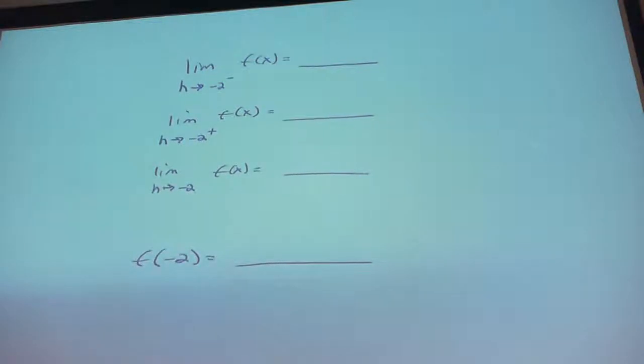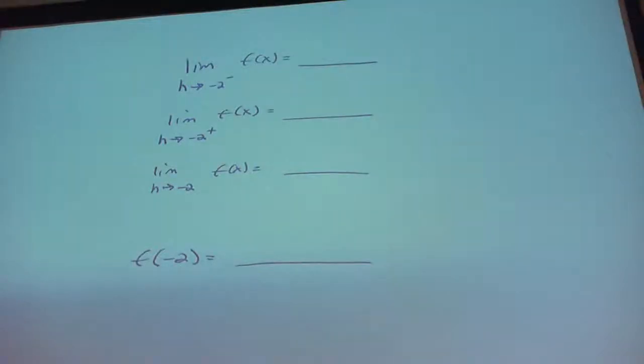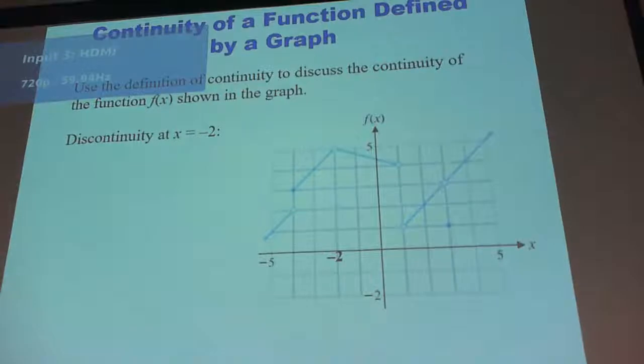This is reviewing last time, making sure it makes sense. And here's the graph. Look at -2 coming from the left, what is it approaching? Look at -2 coming from the right, what is it approaching? Then, does the limit exist or doesn't exist? If it doesn't exist, you're done. If it exists, what number is it? And then a totally separate question, what happens when you plug in -2?